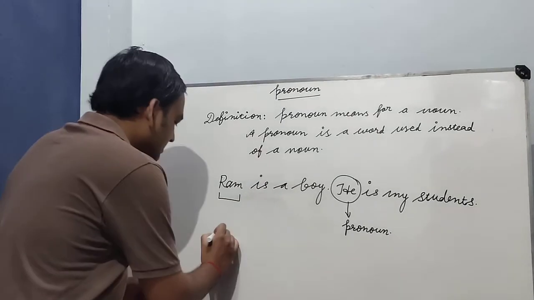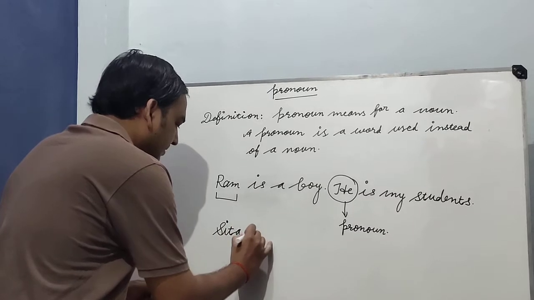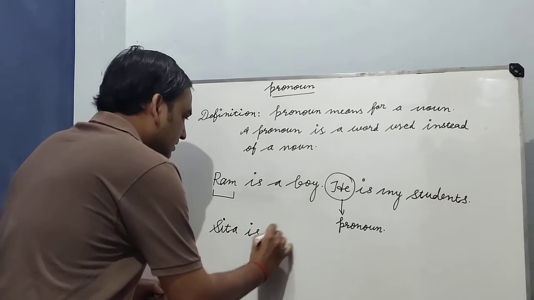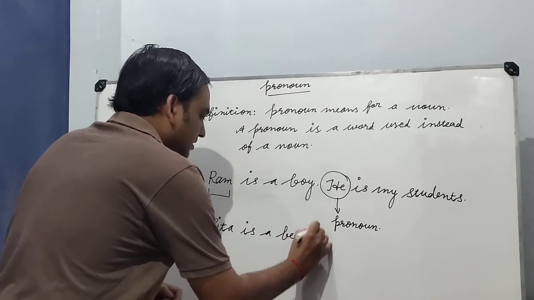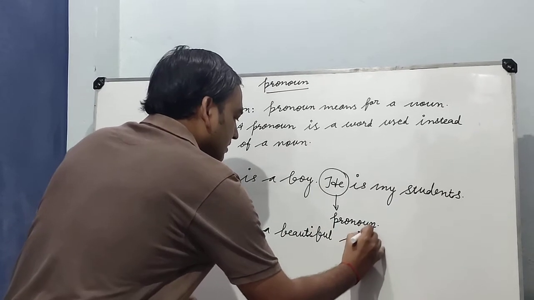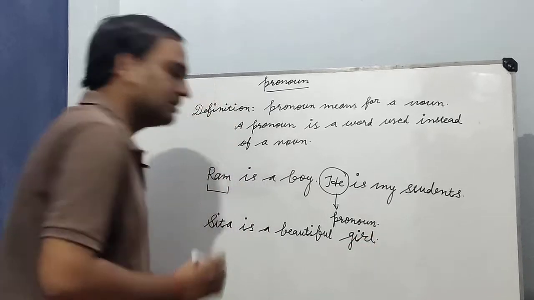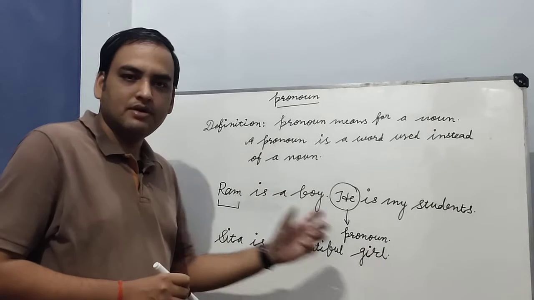Next sentence is Sita is a beautiful girl. Okay, who is Sita? Sita is a girl and she is a pretty girl. She is a beautiful girl.